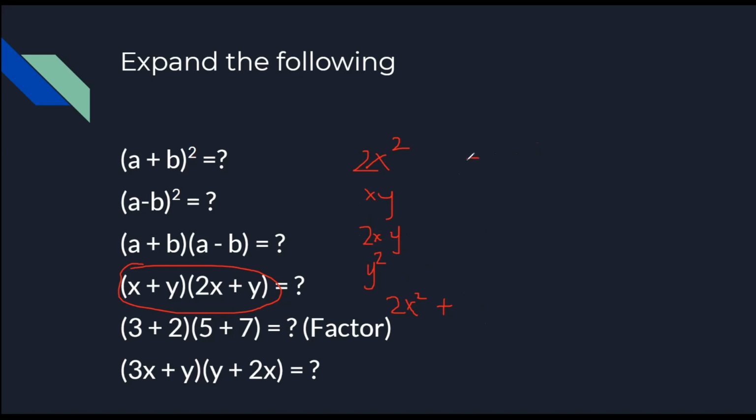But you can't add something like 2a and 3b. But a squared and 2a squared, you'll know that's 3a squared.